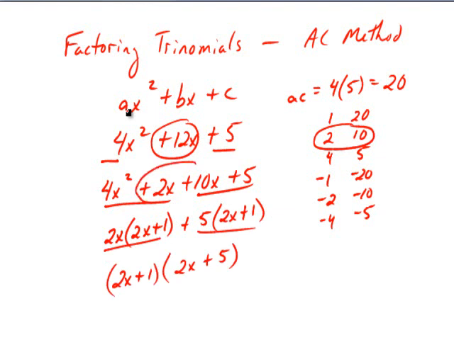Back in this step, it didn't matter if I wrote down these two terms as 2x plus 10x or 10x plus 2x, I'll still get the same answer. Let me run through that with you to show you that that actually works. Starting with the same problem, but rewriting 12x as 10x plus 2x.